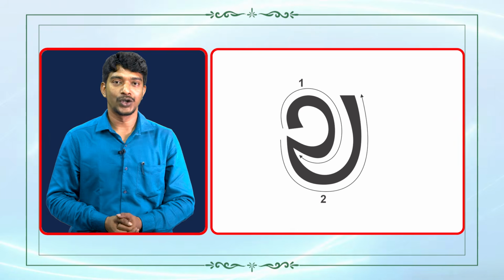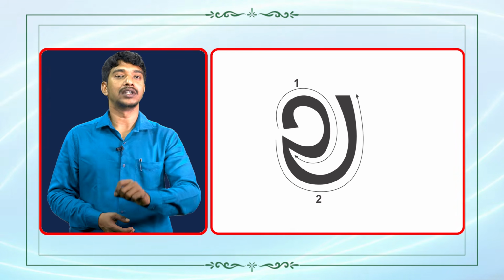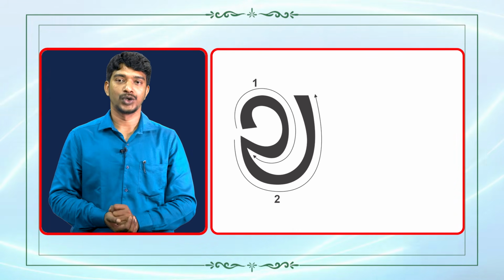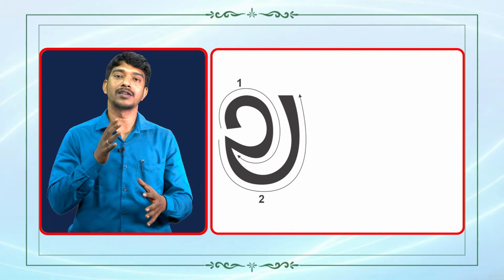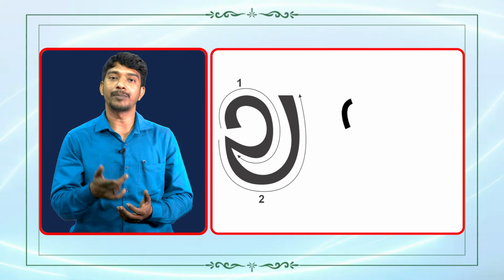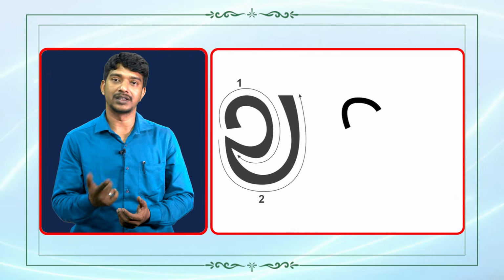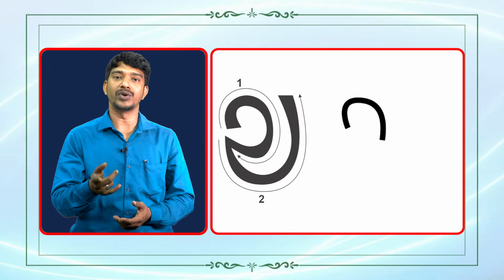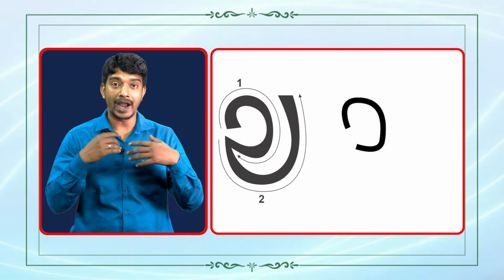Dear learners, to write Au, in the first step, we will draw a small semicircle from left to right upwards, then downwards up to near the starting point.